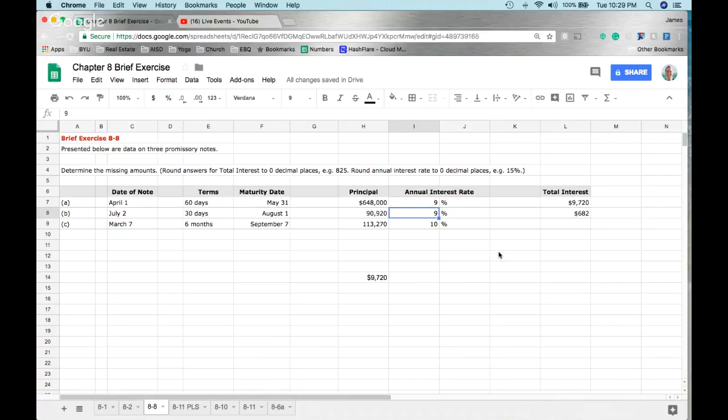And what I did, and then I just checked it, so I did 900 times 0.09, 30 days would be 112.181, rounded to the nearest zero decimal place.